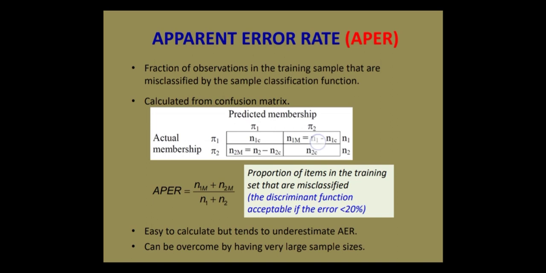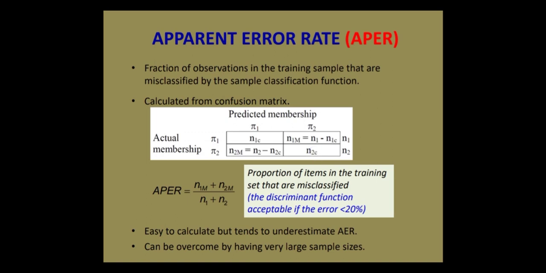This is the number of misclassified items. N2M is also the number of misclassified items of the second group, misclassified as the first group. N2C is the number of items in group 2 correctly classified as group 2 items.